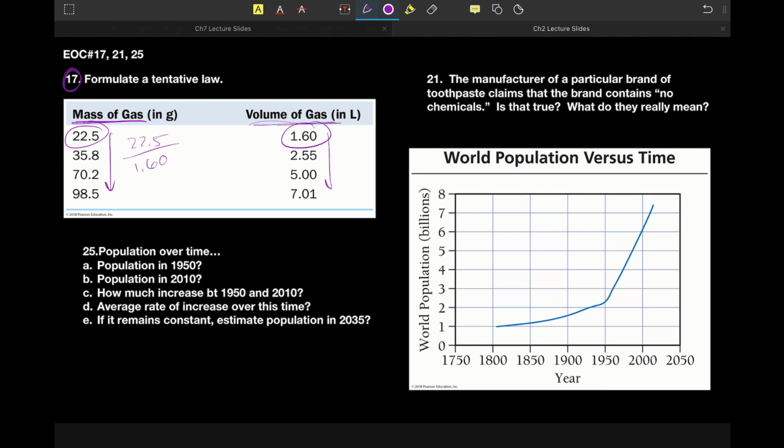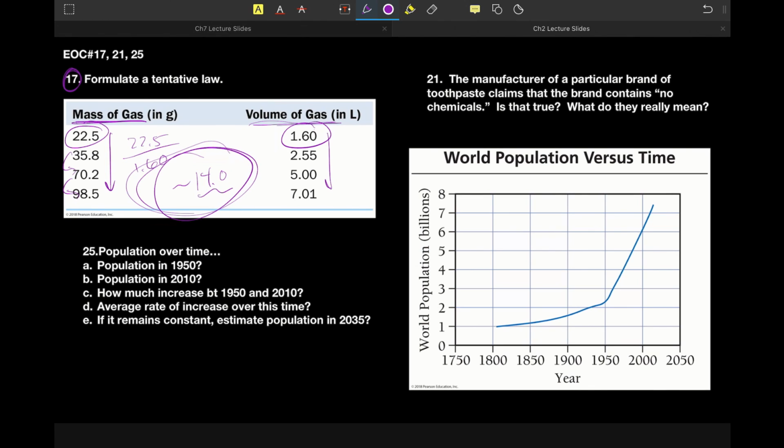And then if I repeat that over and over again, it turns out that number is always 14 point something, which means that not only are the mass of our gas and volume of our gas directly proportional, but they have a constant ratio for this particular gas of 14-ish. That is a more creative and thoughtful analysis than just saying mass and volume are directly related.